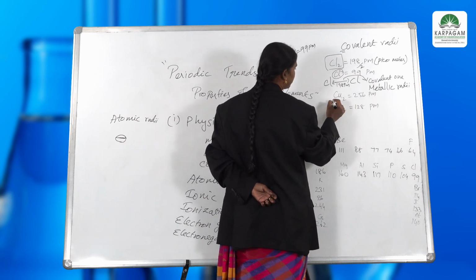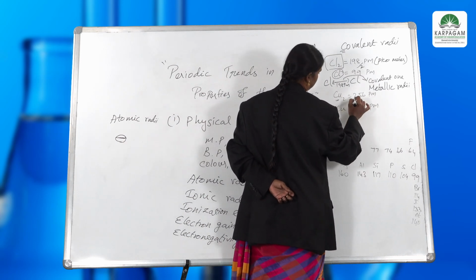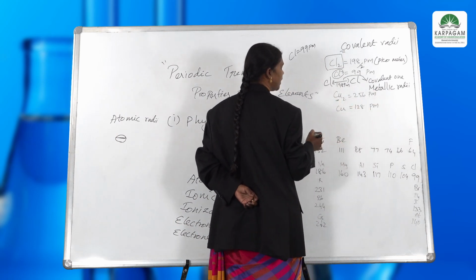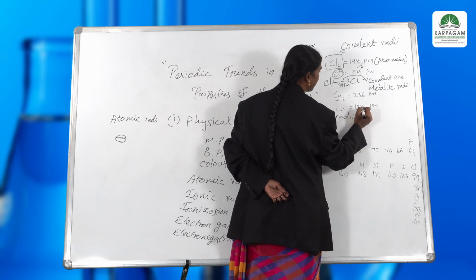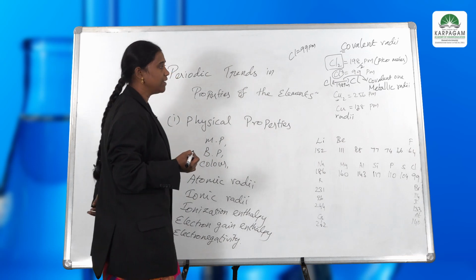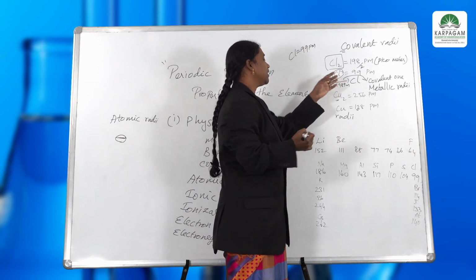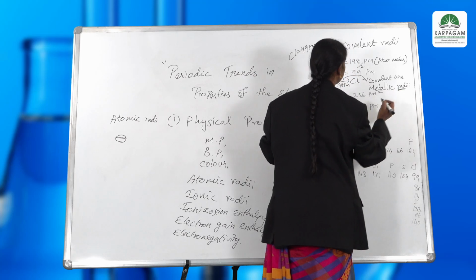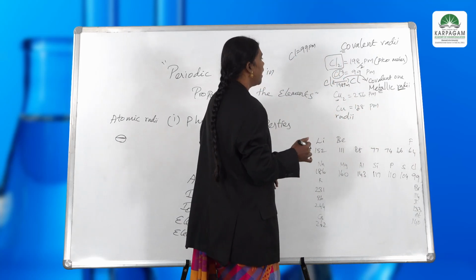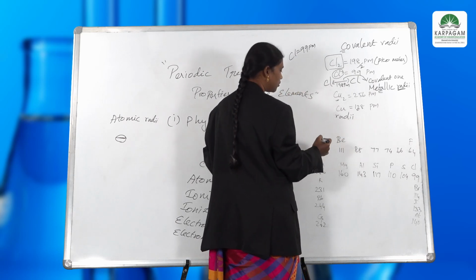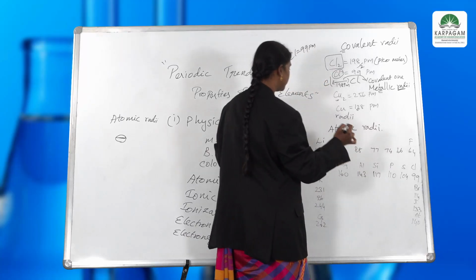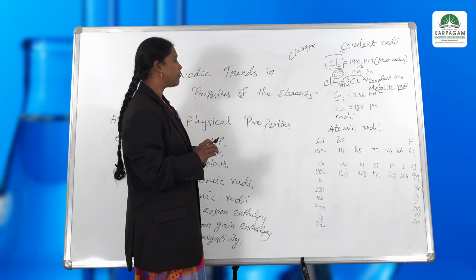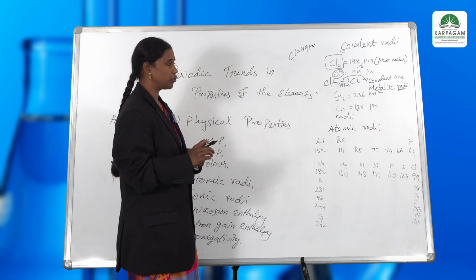Here Cu2, copper metals, have a radius of 256 picometer, so the copper radius is considered 128 picometer. Likewise, from covalent radii they considered metallic radii. As such, when we come to the atom, the term is atomic radii. After all, the atomic radii are confirmed by X-rays and other spectroscopic techniques.